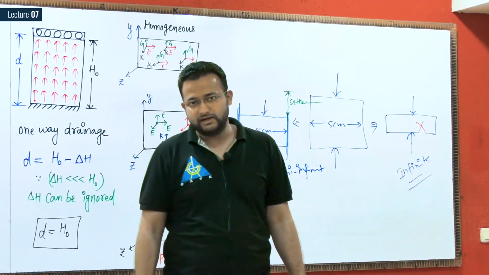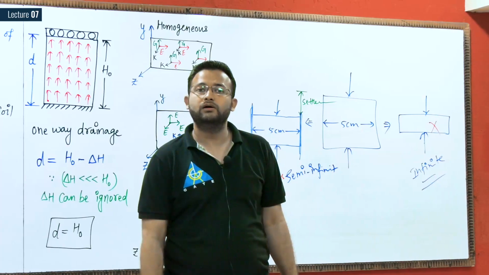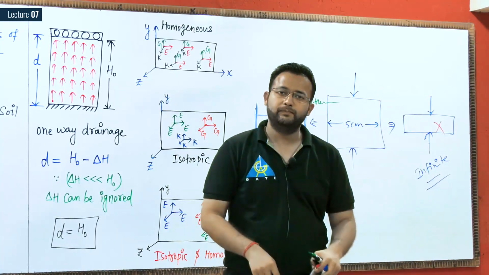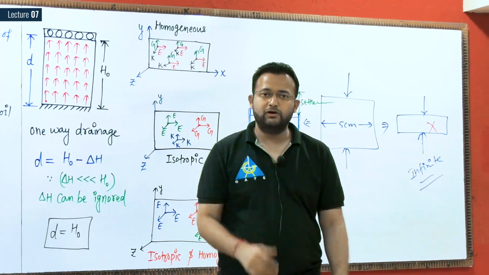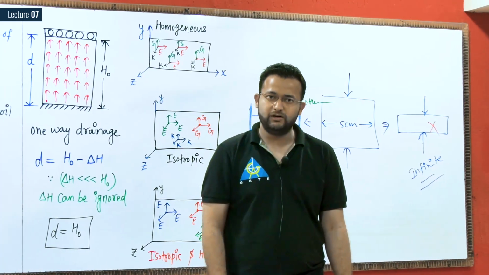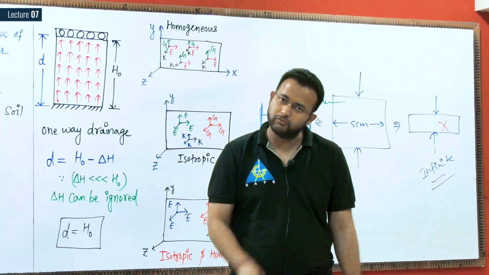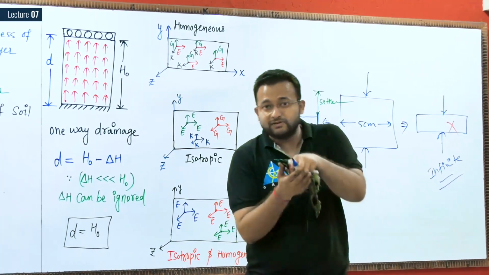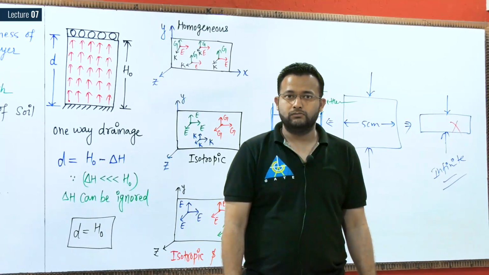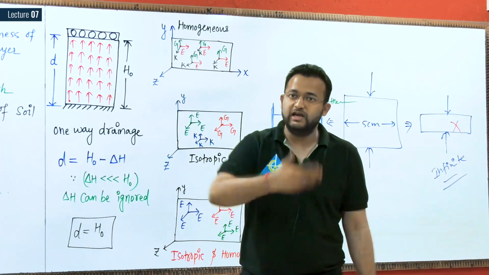Think about it practically: you purchase one plot, you prepare your building, how much excavation will you do? 2 meter, 3 meter, 4 meter, 5 meter, sufficient? Means we have a finite study in the direction of depth. Not talk about area. Area is infinite.